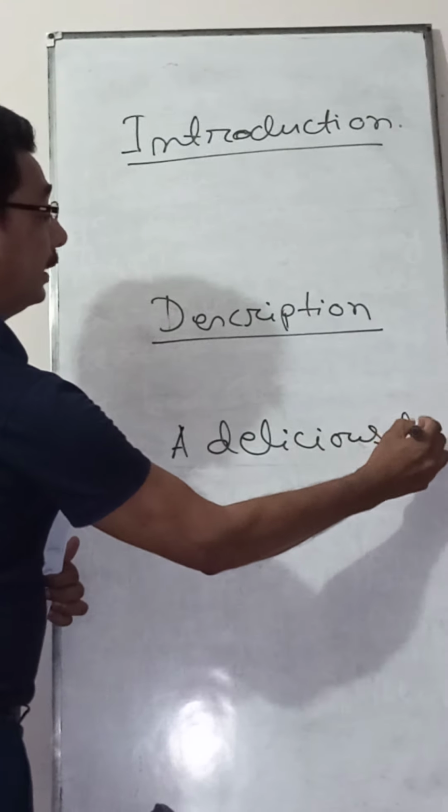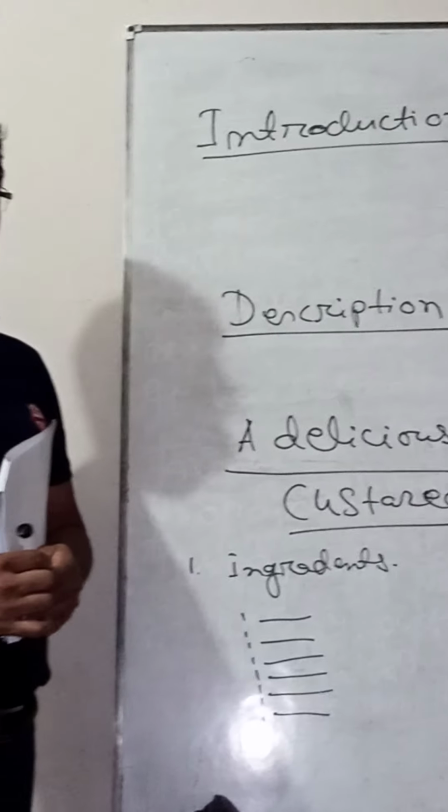Okay, custard. Before writing about the preparation of custard, you have to write the ingredients. You write the ingredients: an apple, banana, milk, sugar, etc.